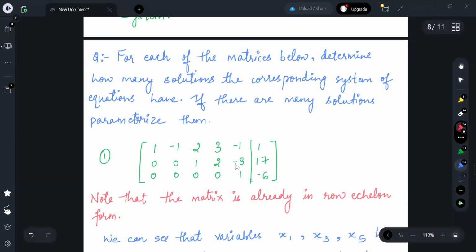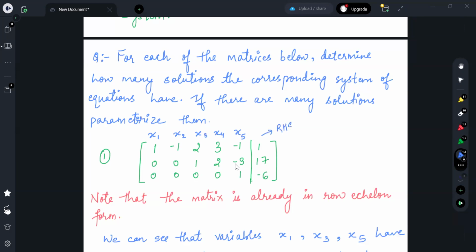Let's assign variables for this matrix. This will be my x1, this will be x2, this will be x3, or you can assign any variable you feel like, x5, and this will be the right hand side, the column of constants of our system.